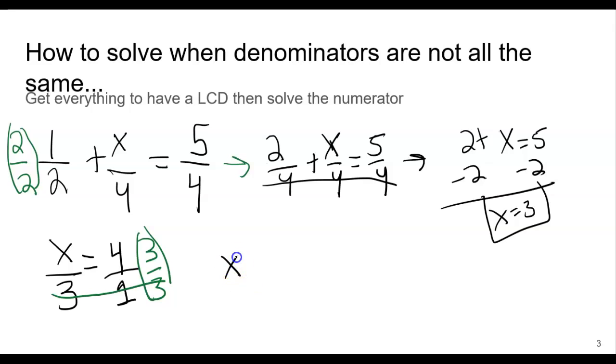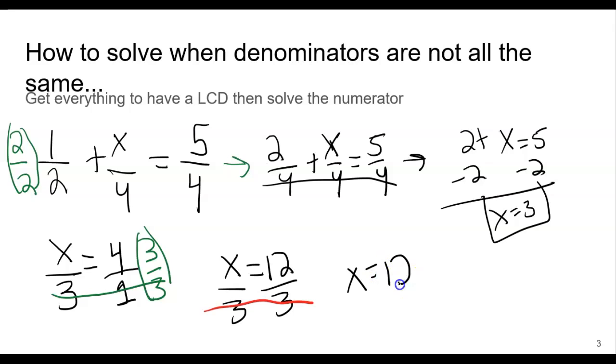I now have x equals 12. You could have thought of it as x over 3, and then that cancels out. I end up with x equals 12. So this is how we handle it when the denominators are not the same. We make the denominators the same.